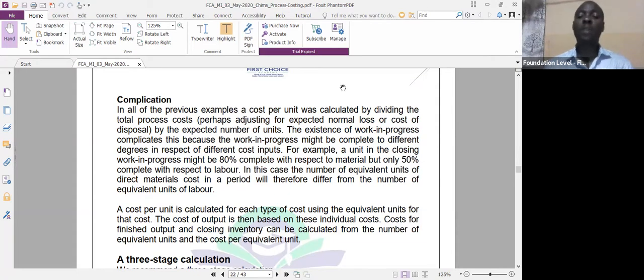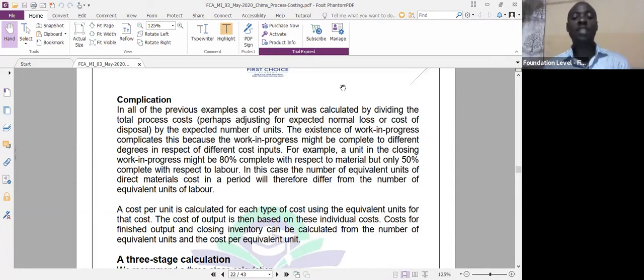But when we talk about labor or maybe conversion cost, it might just be 50%. And so this is a complication. It means that unlike full units where everything is complete, both labor and material, here material is a different percent complete, labor is a different percent complete. So we have a complication.